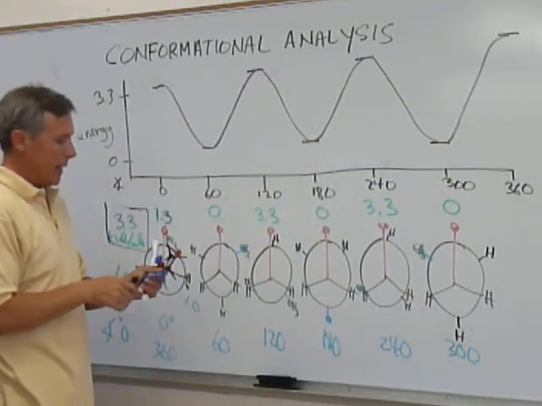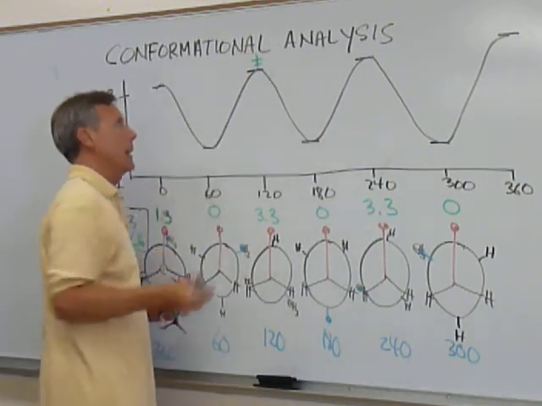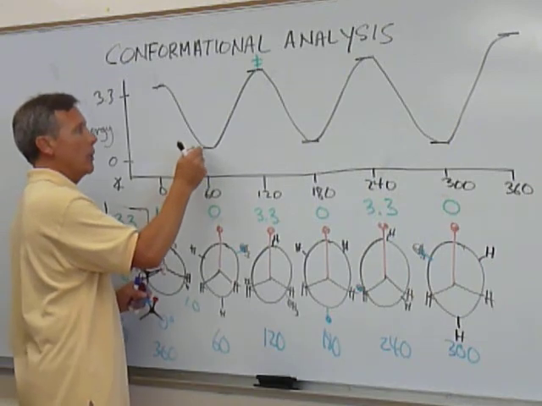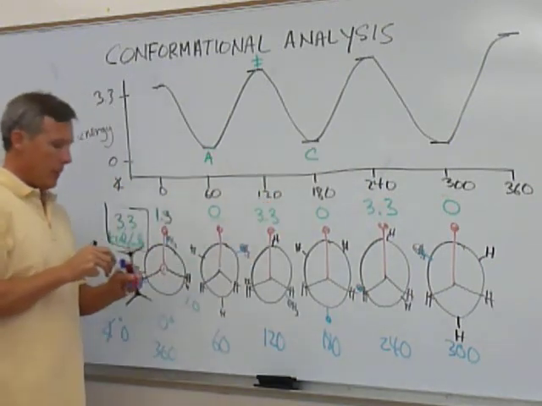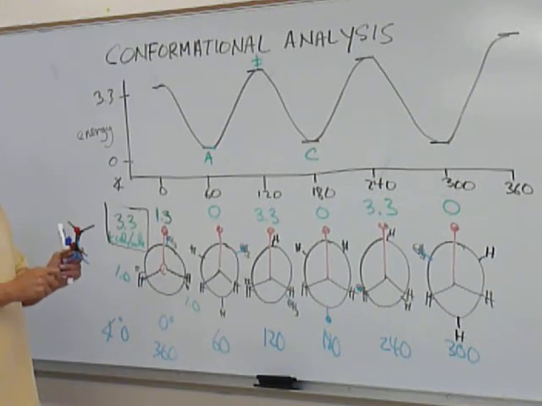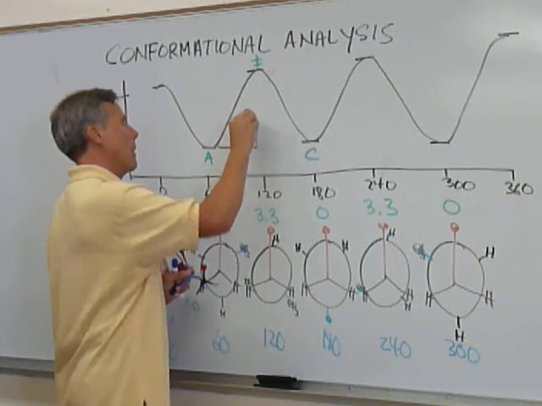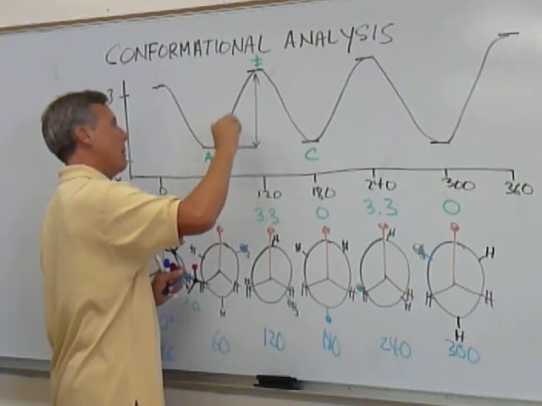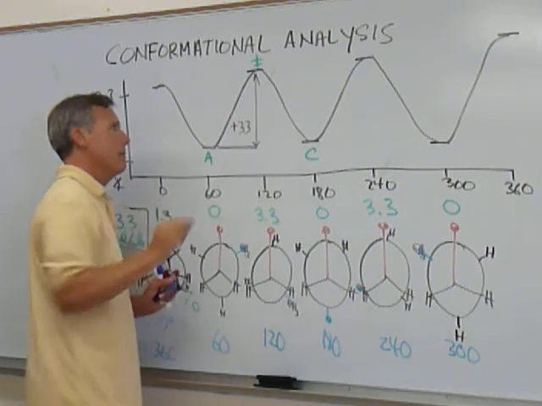Again, the energy value going from this transition state. Again, a transition state is where we go from point A to point C. We can see that going up in energy, it's going to cost us a positive energy value of 3.3.